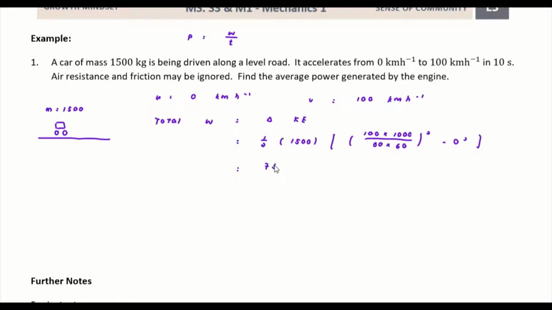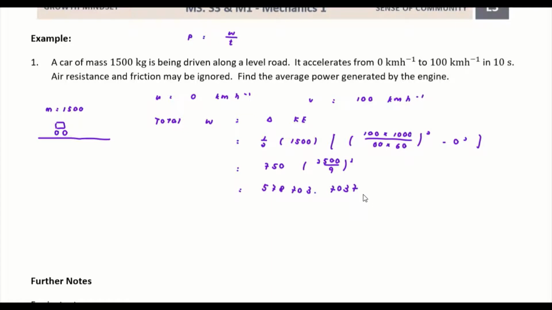So we have 750, and at this part we are going to get 1000 times 100 divided by 3600. You should be able to get 2500 over 9 squared. So when we solve that, we can get our W is equal to 578,703.70. I'm just going to copy down everything.